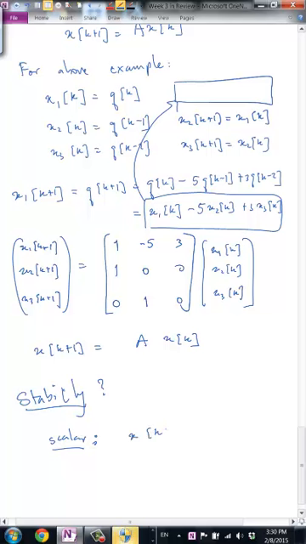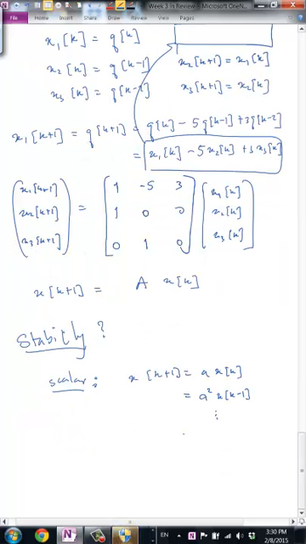If I have x of k plus 1 is equal to a times x of k, well, this is equal to a squared times x of k minus 1. I can keep using this recursion down to a to the k plus 1 times x of 0. So in general, x of n is equal to a to the n times x of 0.